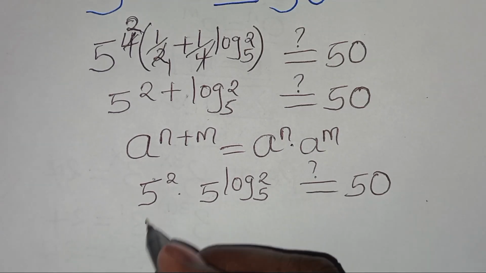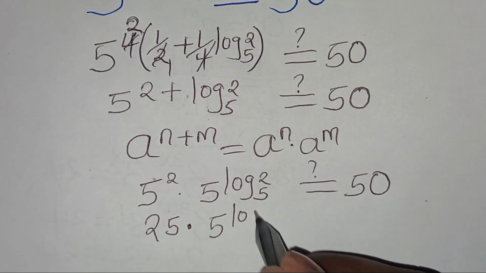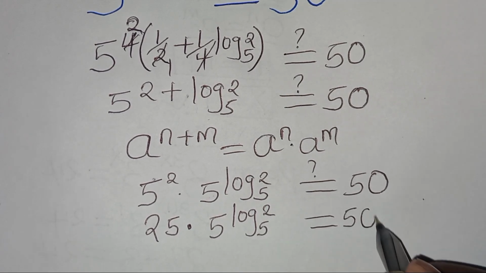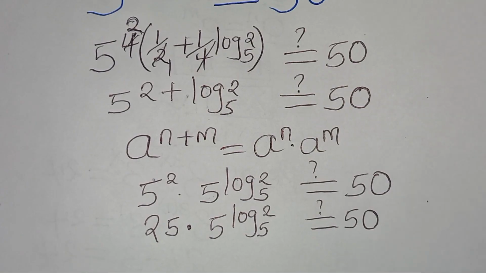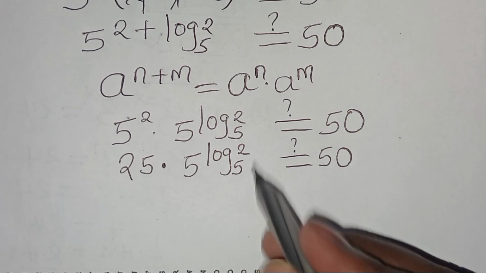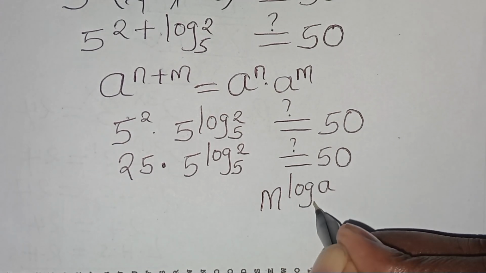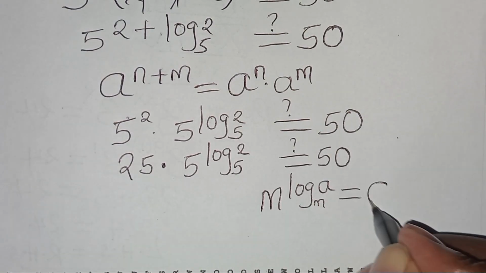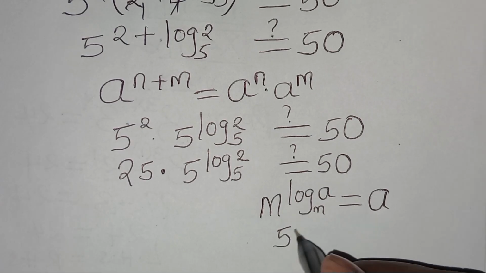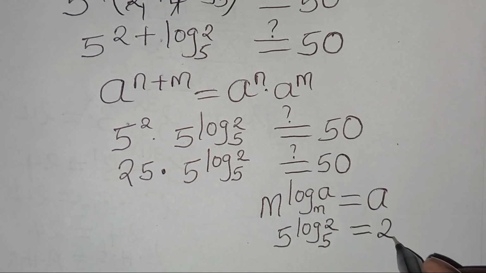So 5 to power 2 here is 25, multiplied by 5 to power log 2 to base 5. We have that 5 to power log 2 to base 5 is in the form of m to power log a to base m, which should be equal to a. So this implies that 5 to power log 2 to base 5 should give us a value of 2.